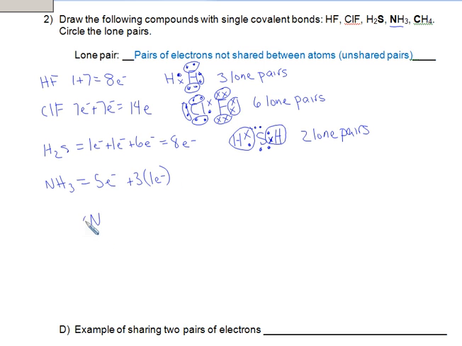So nitrogen contributes a total of 5 electrons to the molecule, and each hydrogen contributes 1 electron to the molecule. So we have one lone pair and three single covalent bonds.